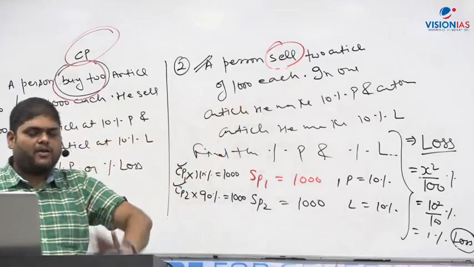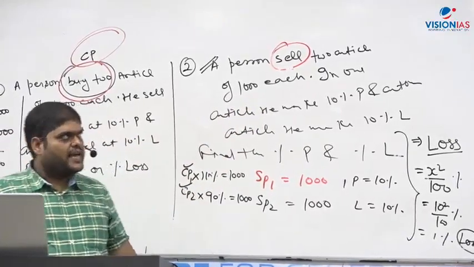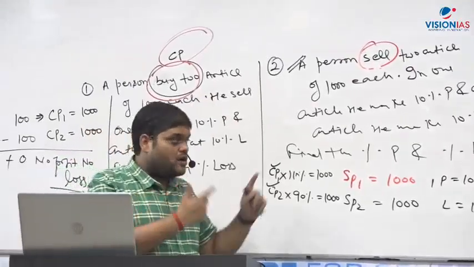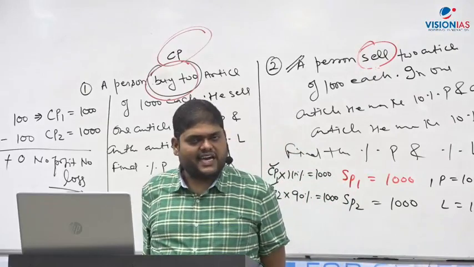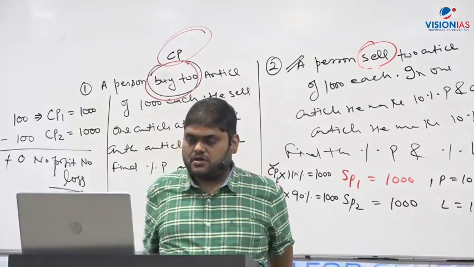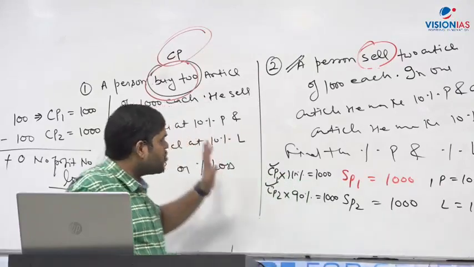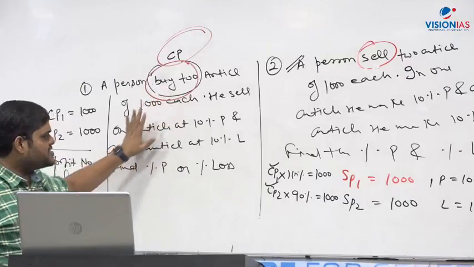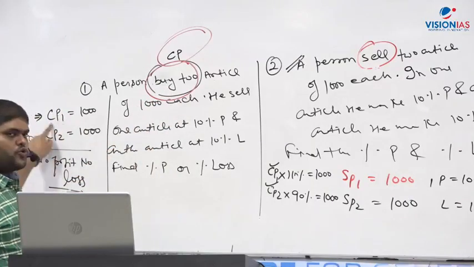Now the second problem with students: they start remembering, okay, if cost price is there, no profit, no loss; if selling price is there, this thing. Now what happens in such a case? In the examination, you really get confused. So don't just remember. If cost price is given, you can simply say no profit, no loss, and do it by this method.